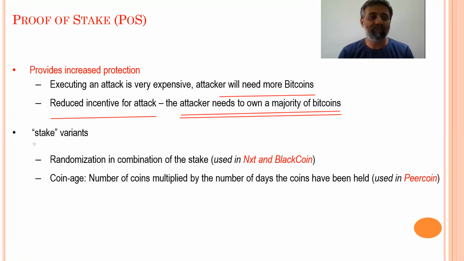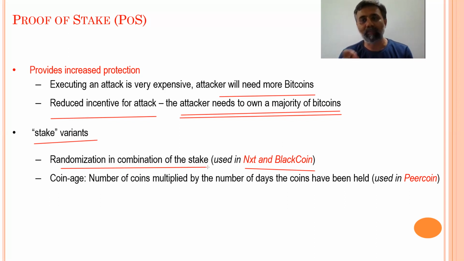So some variants of the stake are proposed, like in NXT and Black Coin, where a kind of randomization in combination with stake is used. Just like in the earlier example, suppose you have 1%, then you can add 1% of PoS blocks. So not exactly that. A kind of randomization function we can apply with the stake. So it is used in NXT and Black Coin.